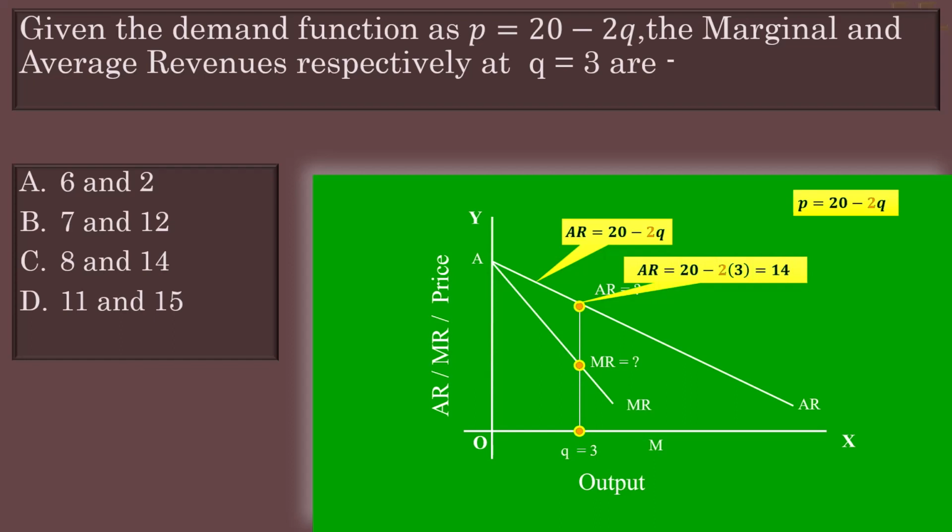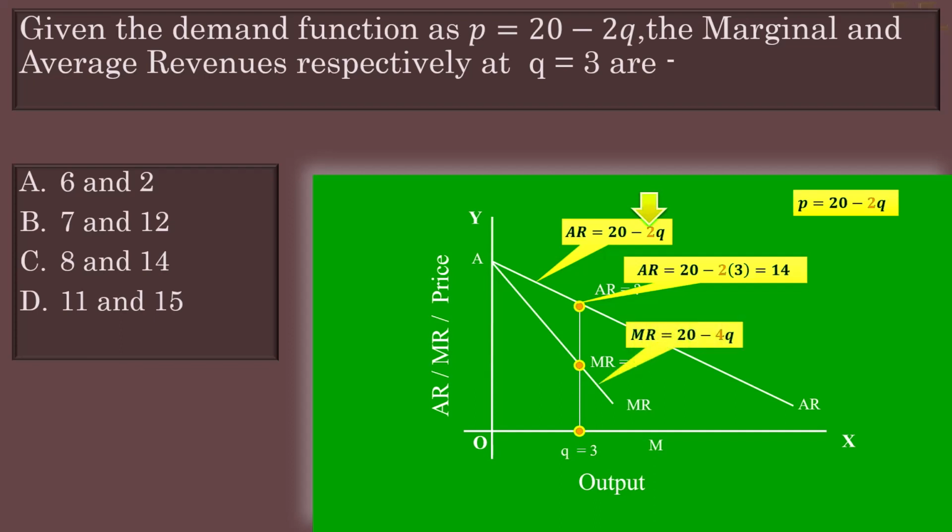We can derive marginal revenue function from average revenue function. Slope of marginal revenue is twice that of the slope of average revenue function. The coefficient of Q, 2, in the average revenue function is the slope. Then the slope of marginal revenue function is 2 times 2, 4.